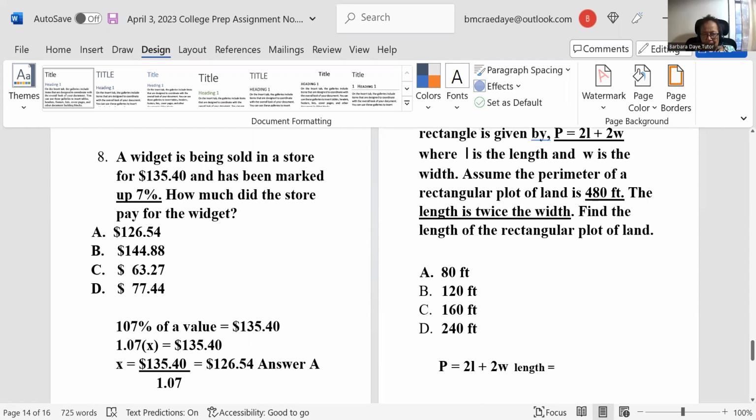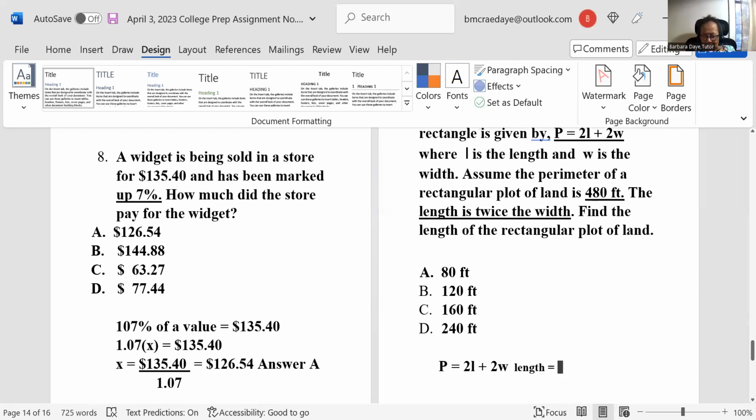Length would be X, two W. No, twice. Twice the width means multiplication.